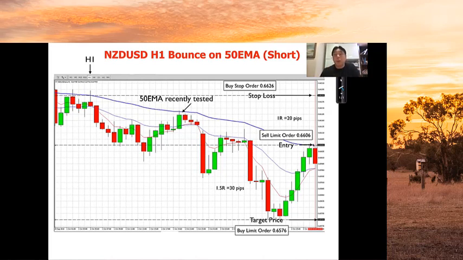And where do I put my stop loss in this case? Do I put it at 20 pips, 25 pips, or 30 pips or more? Again, I look at the recent low as my guide. If I'm shorting, entering there, I want to take profit at the recent low or slightly below there. If I measure the distance from entry to there, that's about 30 pips.